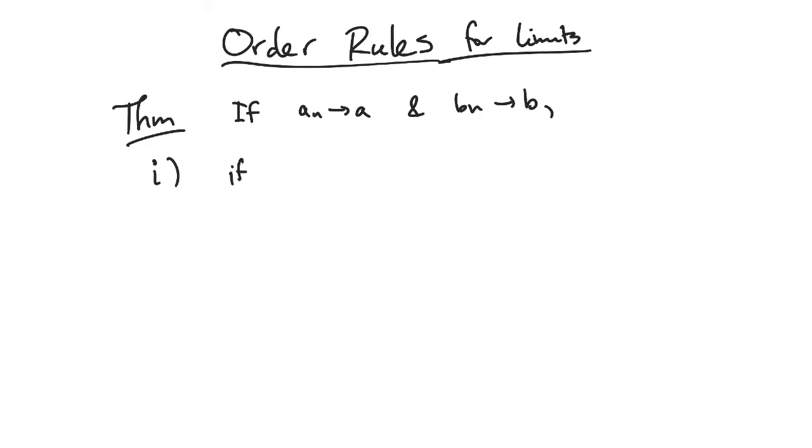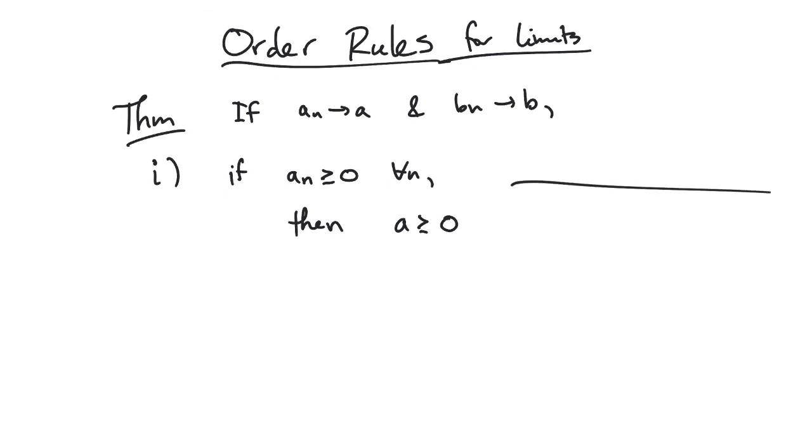The first one says if a_n is greater than or equal to 0 for all n, then I'm saying if all the terms in the sequence are positive or perhaps 0, then what can you say about the limit? Anyone want to guess what the conclusion is? If the a_n, the terms, are all greater or equal to 0, then a is greater or equal to 0, right?